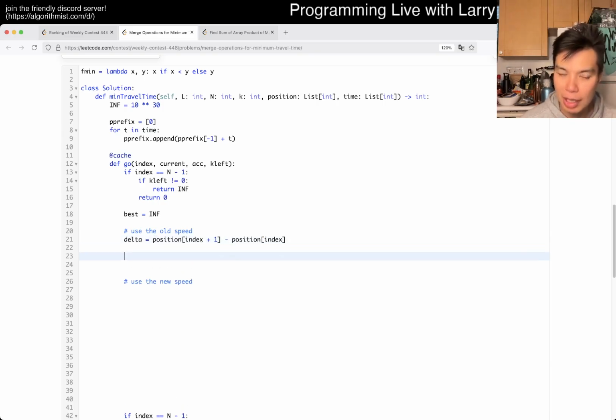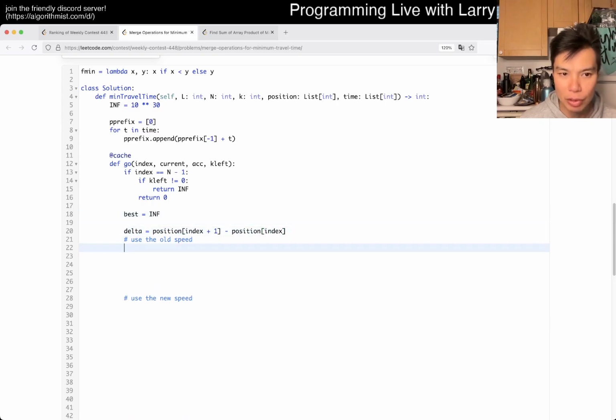This is the length of time, and we want to either use the old speed, and if we use the old speed, it's going to be go index + 1, so the current speed accumulated, we have to add times of index, and then k left, because we merged it, so -1.